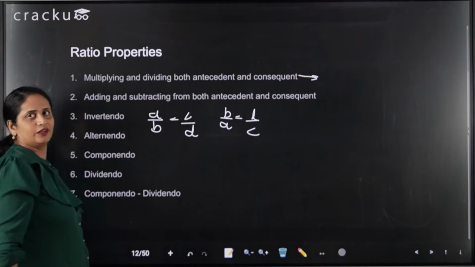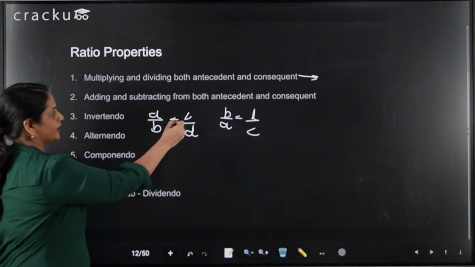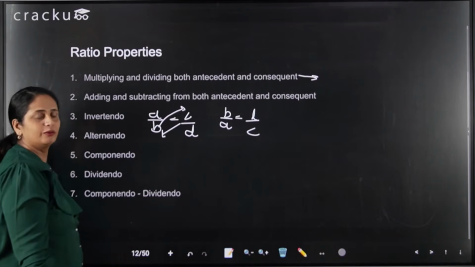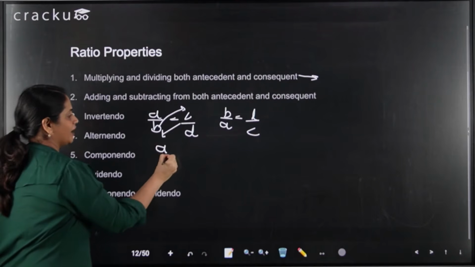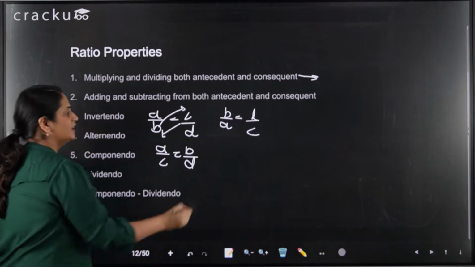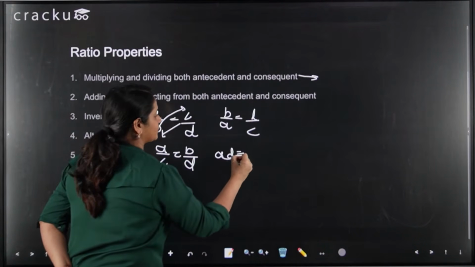Now what is alternando? Alternando also sounds like such a fancy concept. It is nothing. You bring C over here in the denominator, you bring B over there to the numerator. So you can say that A by C is equal to B by D. How do you get this? You cross multiply, you can say that AD is equal to BC.